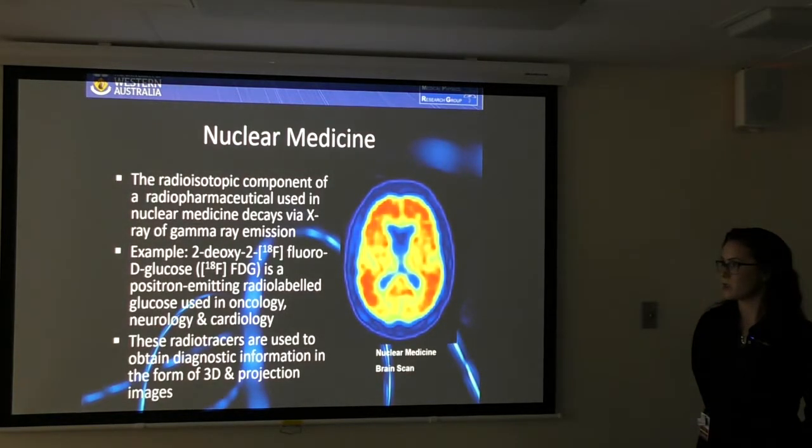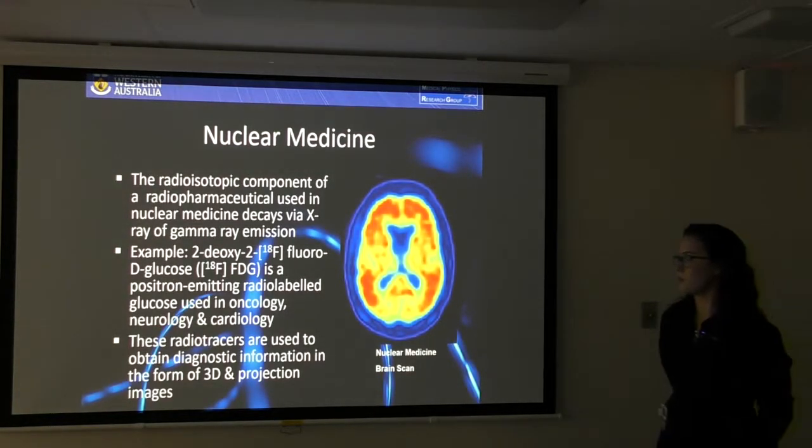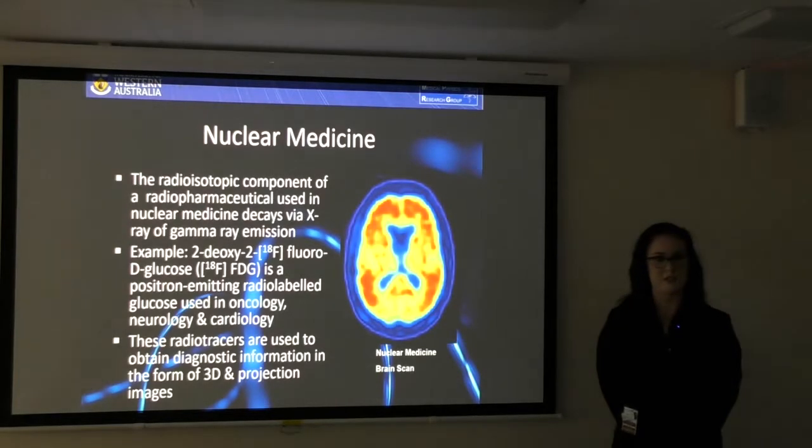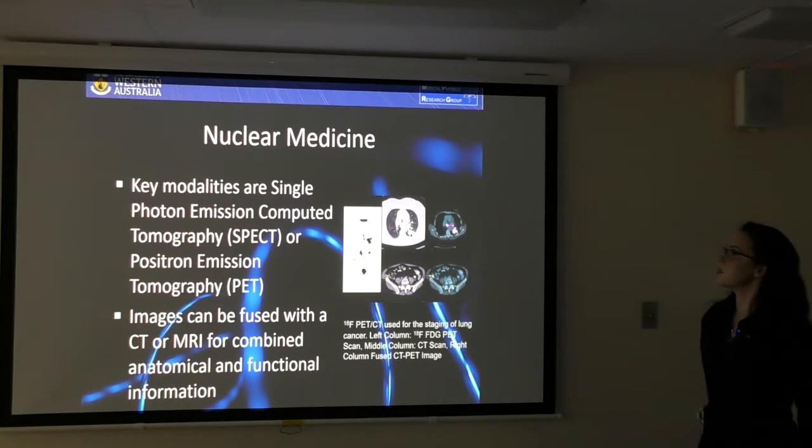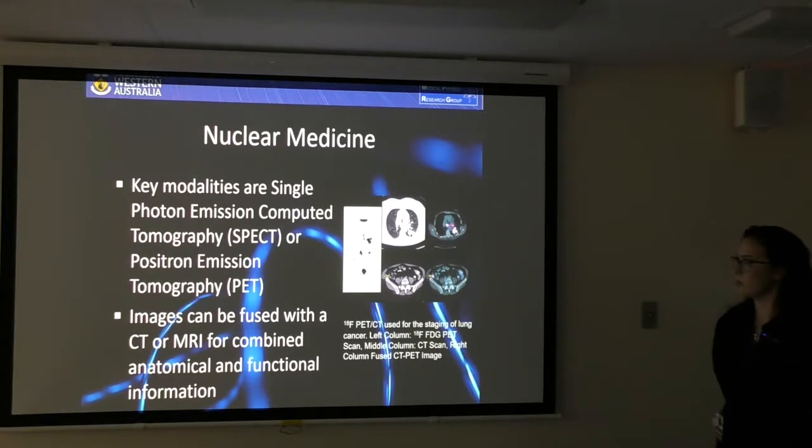Radioisotopes are also used to obtain diagnostic information in the form of 3D or projection images. The key modality used to perform these images is single photon emission computed tomography, SPECT, or positron emission tomography, PET.